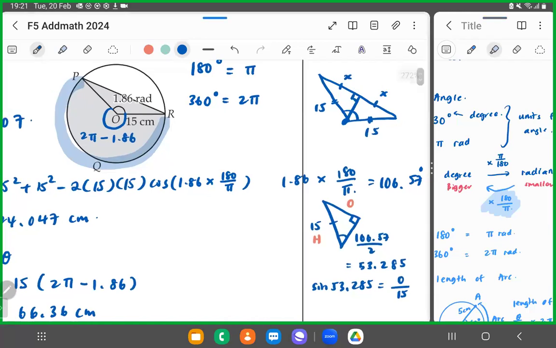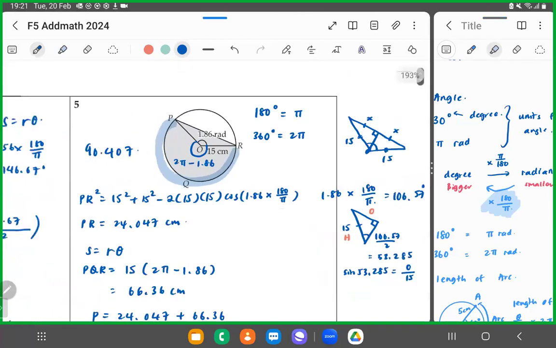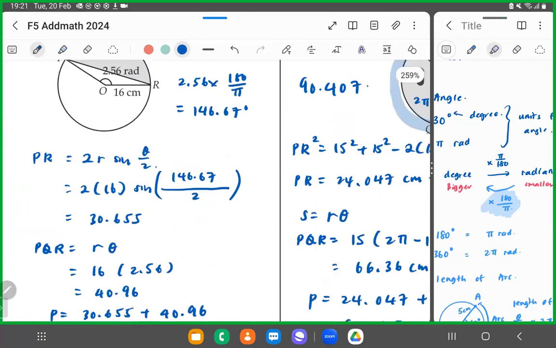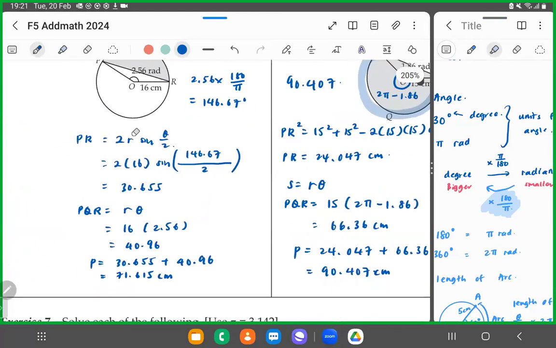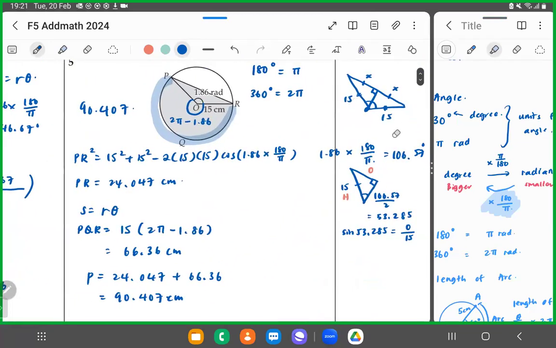If you feel the cosine rule is easier, the long one, then use the cosine rule. If you feel 2r sine theta over 2 is easier, then follow this one. If you feel SOHCAHTOA is easier, then use this one. Up to you.